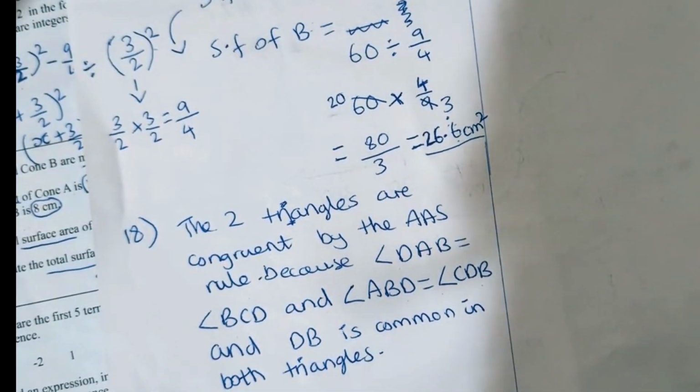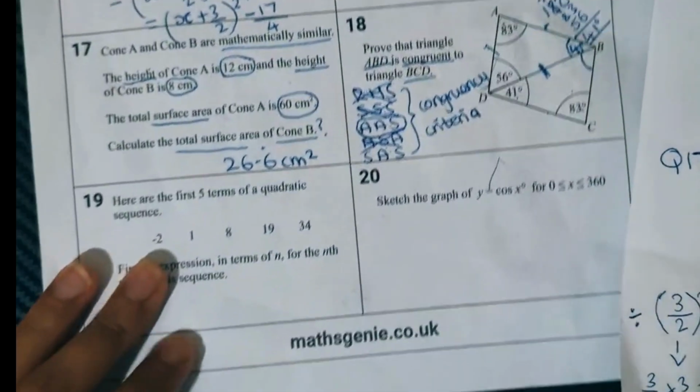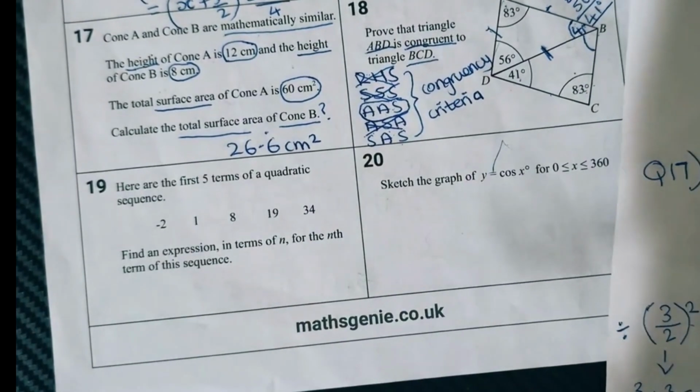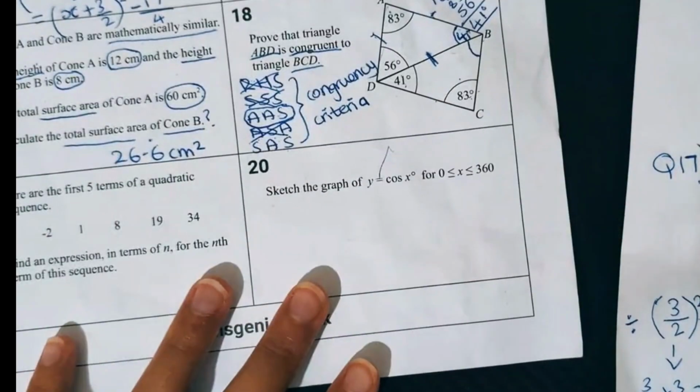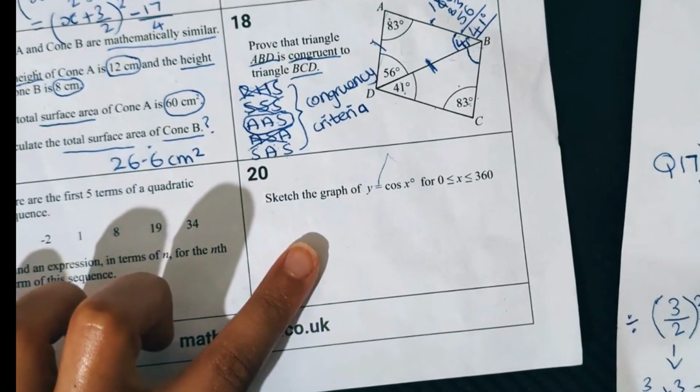Right, so that is that, no problem, Safa. Okay, so we've done that question, the congruency one, and now we've got two more to do. The quadratic one is a bit of a long one, and the sketching one is actually quite straightforward. So I will just finish off with question 20.